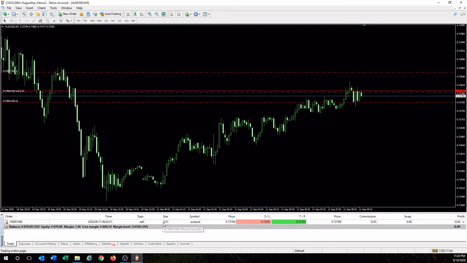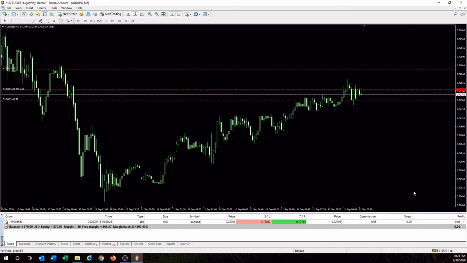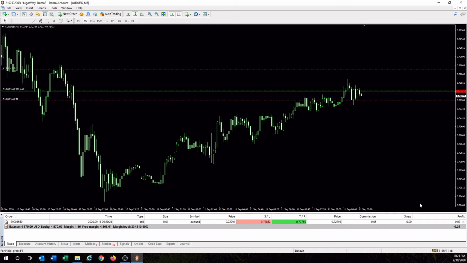It's a 0.01 lot trade. It's fairly small, so the commission is very small, and then the broker adds a little bit of spread, about 1.5 pips. And again, we just add that to our stop loss because we don't want our stop loss too tight. Otherwise, we might get stopped out when we don't want to be stopped out.